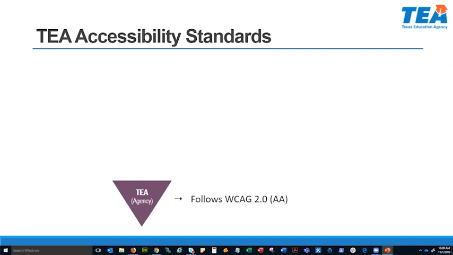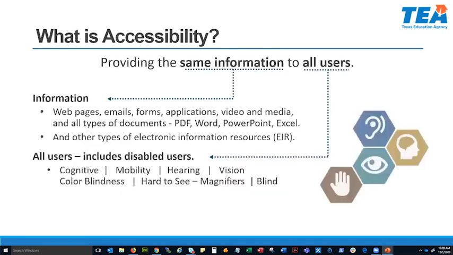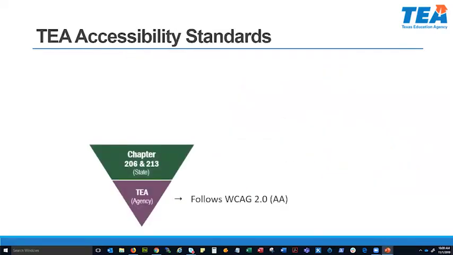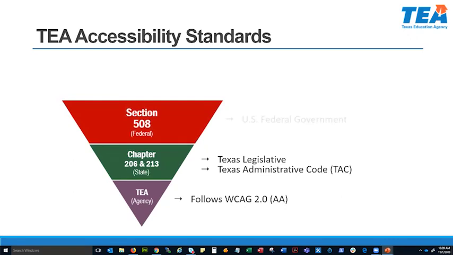Here at TEA, we follow the WCAG 2.0 AA level standard. What that means is it's a set of guidelines that are the international standards for web accessibility. However, since we are a state agency, we need to follow some other requirements like Chapter 206 and 213 from the Texas Legislative, which is in the Texas Administrative Code, that aligns to Section 508, which is the federal government law, part of the Rehabilitation Act of 1973.